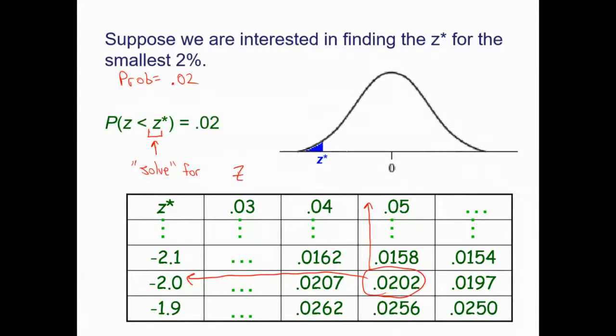So Z star is approximately equal to negative 2.05. Does that make sense, how we start this time in the middle and go out?